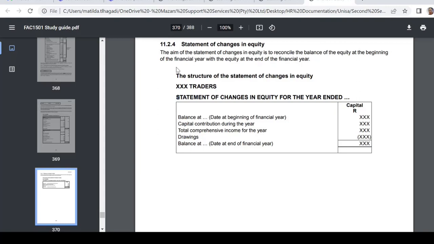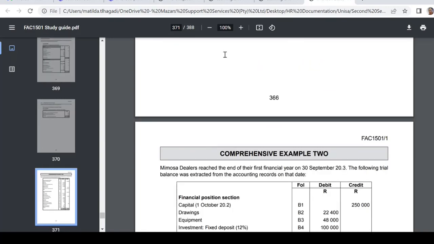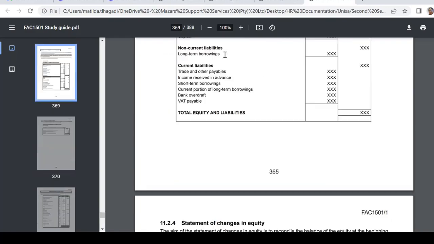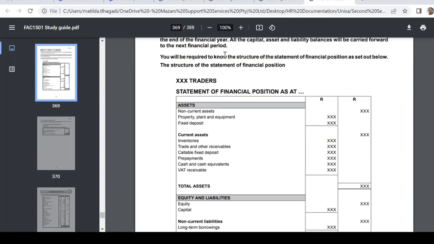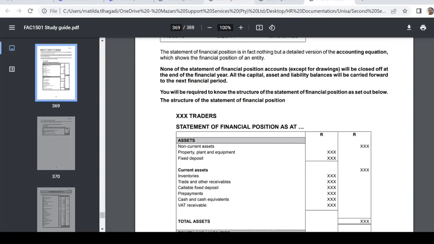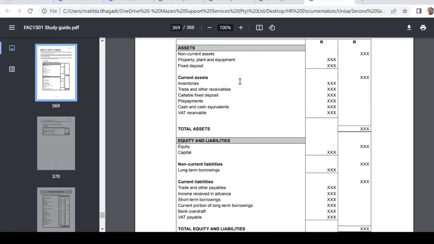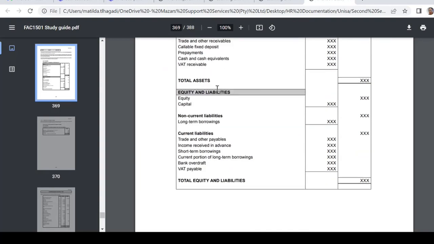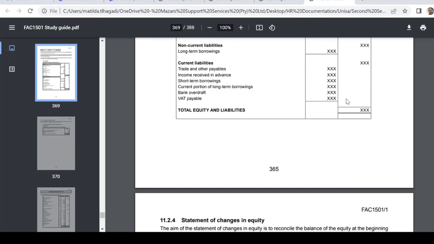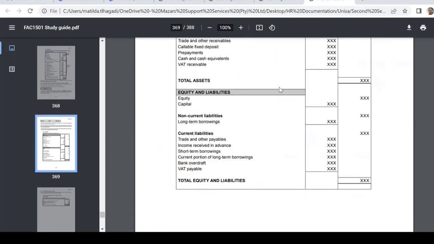So it's important to understand the structure of the statement of changes in equity. For the statement of financial position, this is the format. At the end, your total assets must always equal your total equity and liabilities.